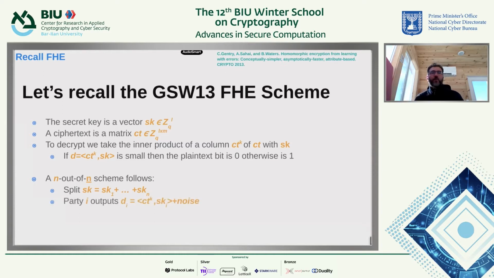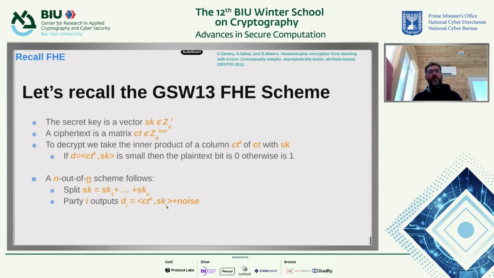Then party i will compute locally the inner product of its share with the ciphertext. Now, to avoid revealing information about a secret share, the party will add a small amount of noise to this inner product. This is some sort of smoothing. In some of the literature, I think this is called smoothing.